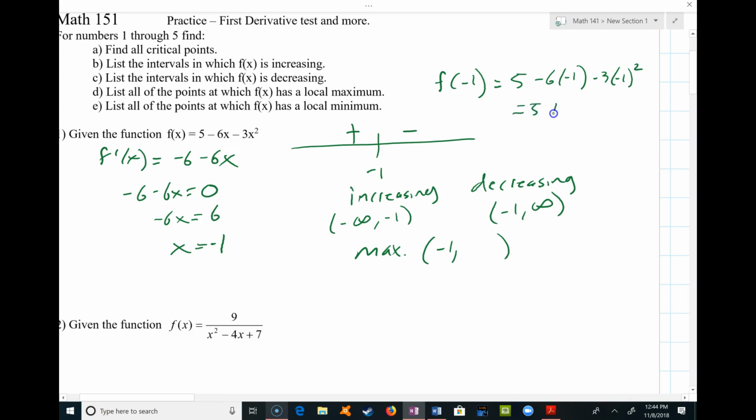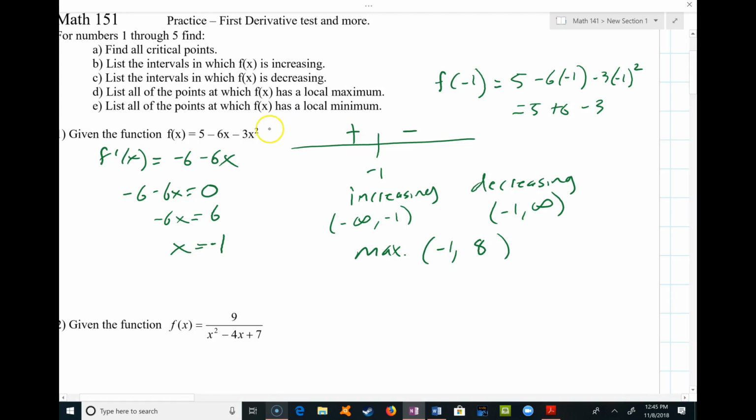So that would be 5 plus 6 minus 3. 11 minus 3 is 8. So I have a maximum at negative 1, 8, and it's increasing from negative infinity to negative 1 and decreasing from negative 1 to infinity.